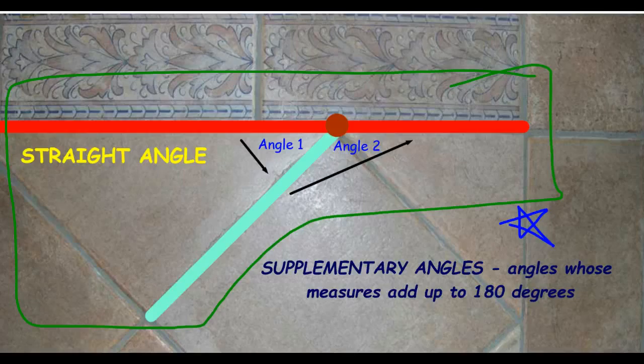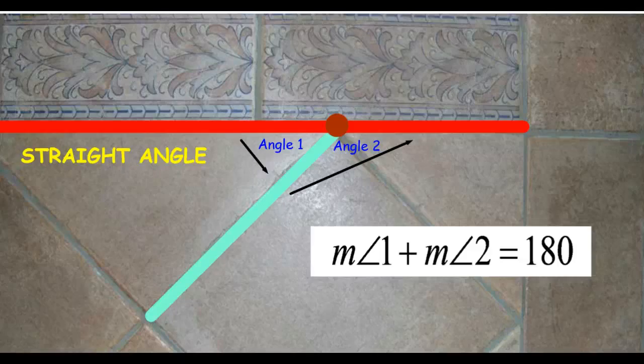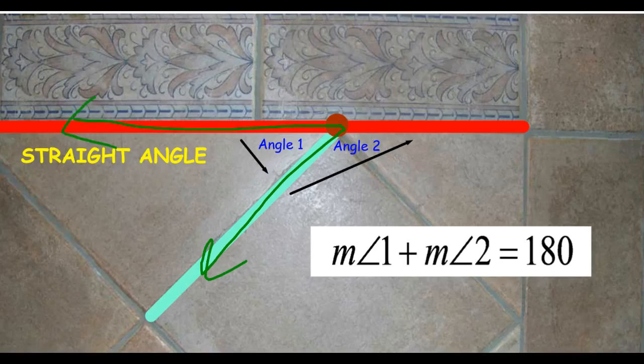Now, if we wanted to take this a step further and write this down as an equation, what we do when we talk about measures adding up to 180 degrees is that we use the letter M in front of the angle name to represent its measure. So angle 1 itself is formed by these two rays, but the measure of angle 1 is notated M angle 1.